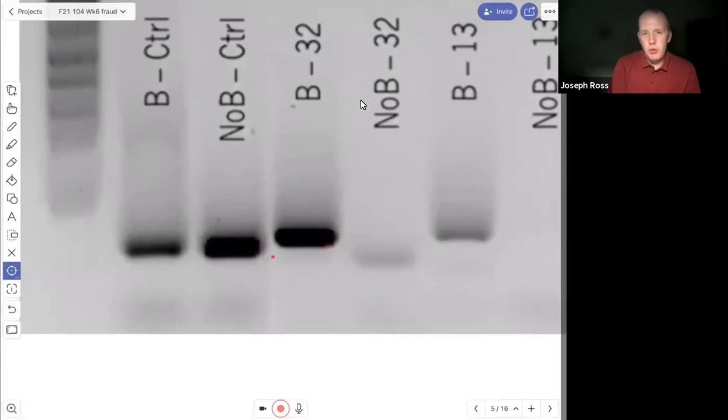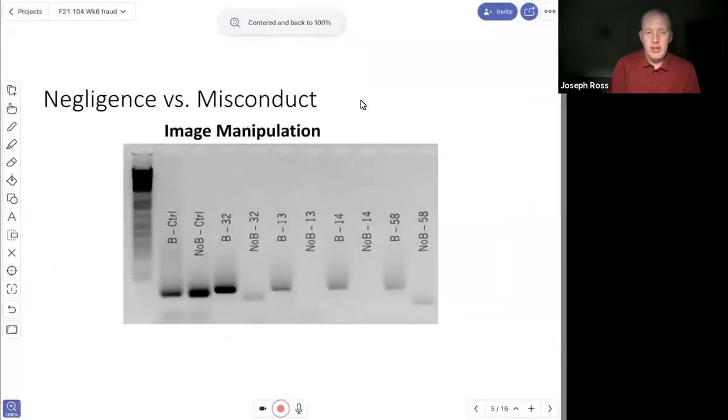It's a straight vertical line where the shading of the gray on either side doesn't match up. That suggests that somebody might have cut apart different parts of a gel, or maybe parts of two different gels, and stuck them together into a single image. Now, that could be negligence, somebody not knowing that you're not supposed to do that, or it might be somebody purposefully messing with their data, altering their data.